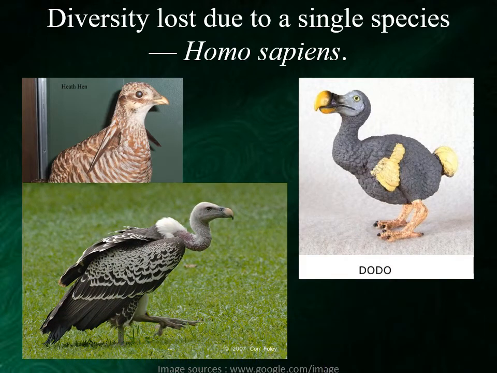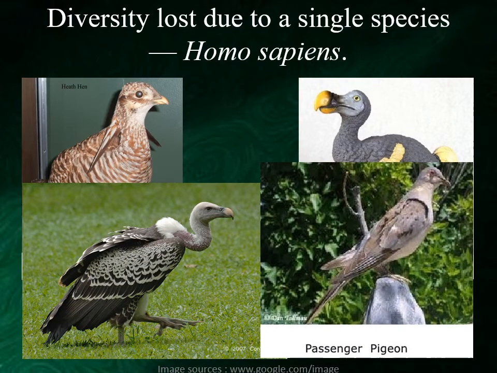Likewise, there are many organisms, such as the Himalayan vulture, an Indian bird. These are also threatened, and so reduced in number that soon they are going to be extinct. This is the passenger pigeon, again another threatened bird. These are not extinct, but they are on the verge of extinction.